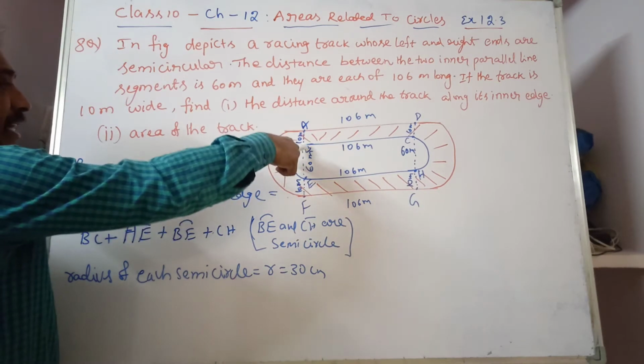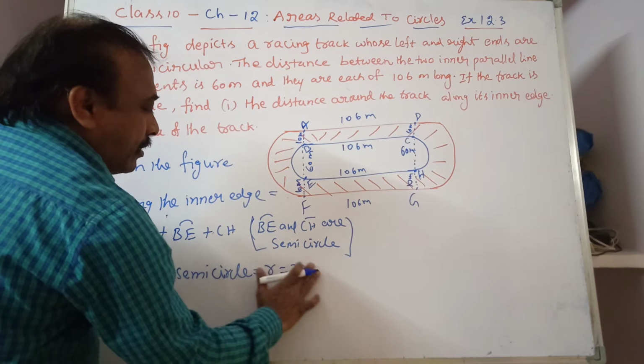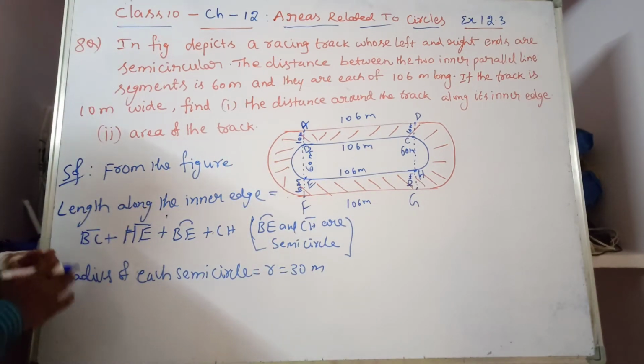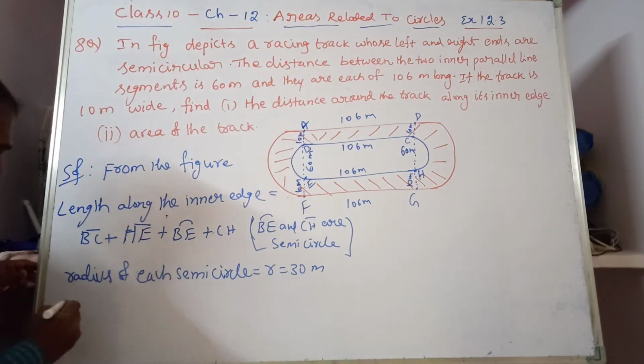The total is 60 from here to here, right? So r will be 30 meters. Now first we will find the circumference, the arc length, of the semicircle.